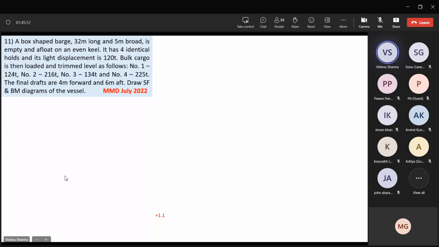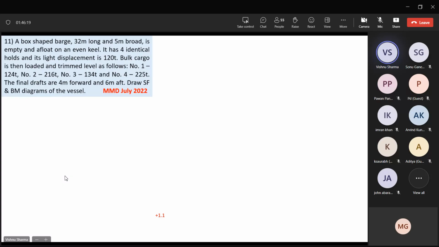It has 4 identical holds and its light displacement is 120 tons. Bulk cargo is then loaded and trimmed as follows. Number 1, 124 tons trimmed level. 2, 216, 134, 225. The final drafts are 4 and 6 meters. Draw the SF and BM diagram of this vessel.